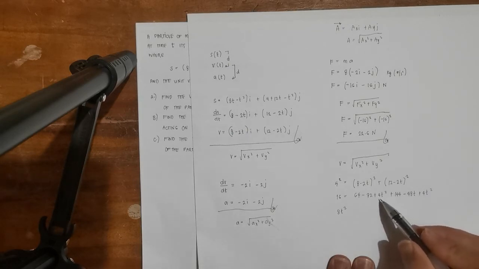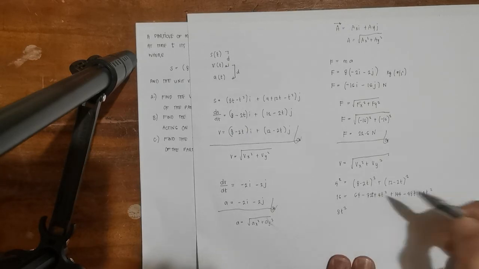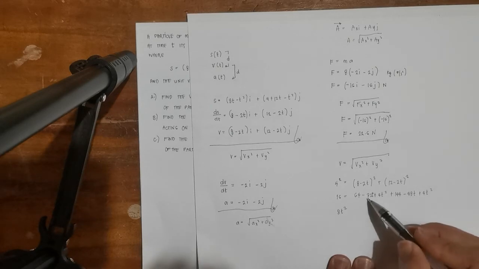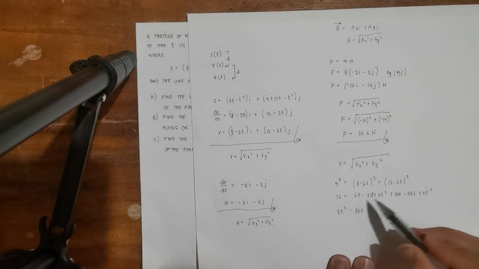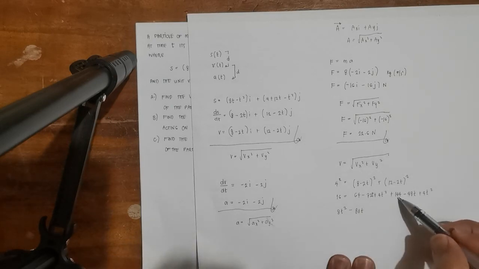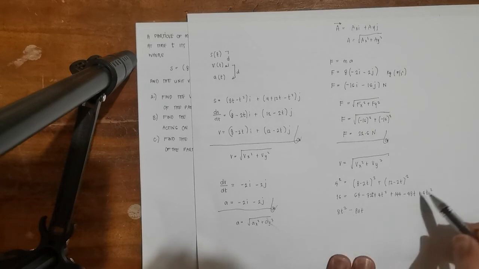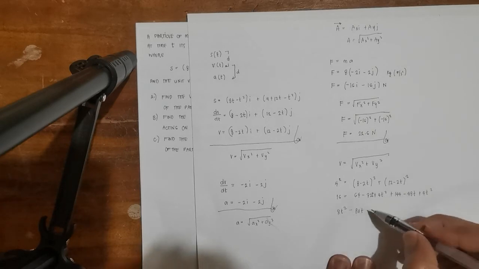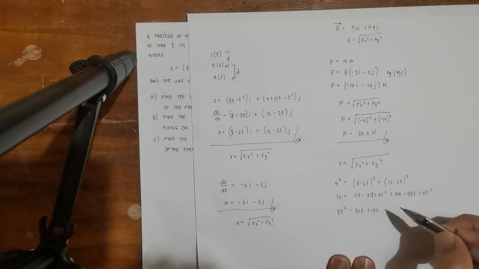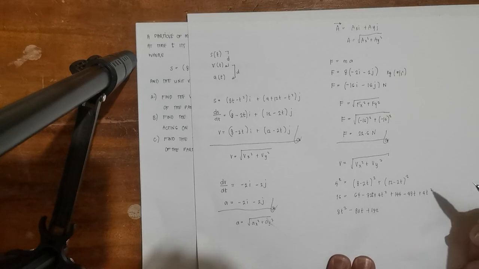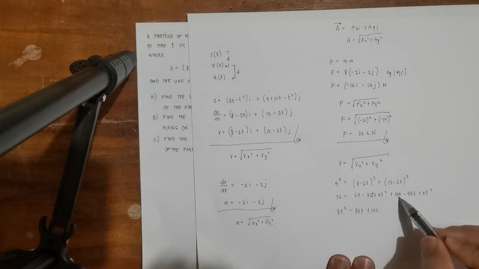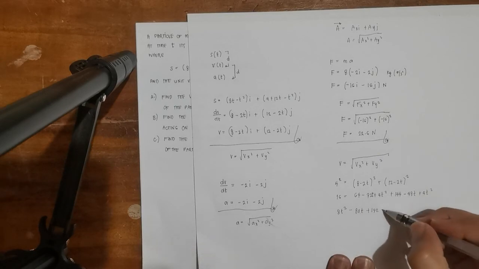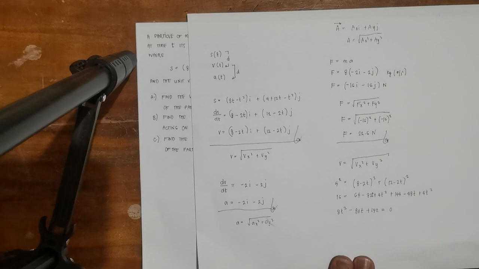Combine like terms. Ito ay 32t minus 48t. So, this is minus 80t. 64 plus 144, 208. Transpose this, that is minus 16. So, this is 192. Correct me if I'm wrong. This is 208. Tama. So, 8t squared minus 80t plus 192 equivalent to 0.